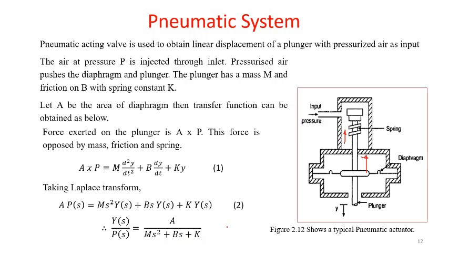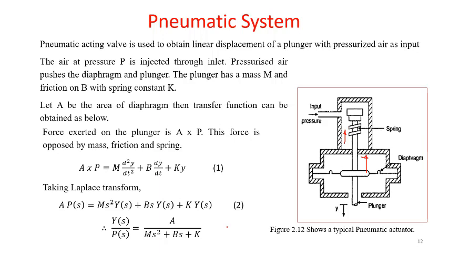So this is the transfer function for a typical pneumatic actuator. In the examination, many times they may ask you to write the transfer function taking the example of a pneumatic actuation system. You can take this one, or they may tell you to write a transfer function for a typical hydraulic actuator system, so you can take the earlier problem.